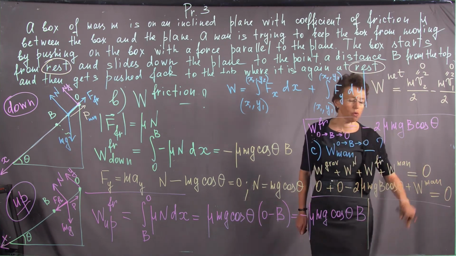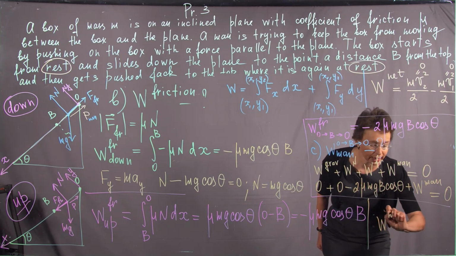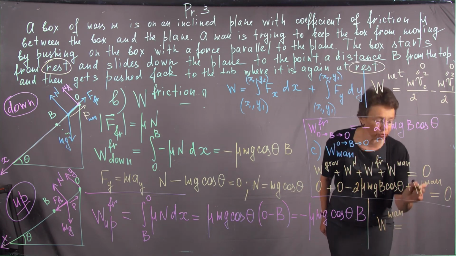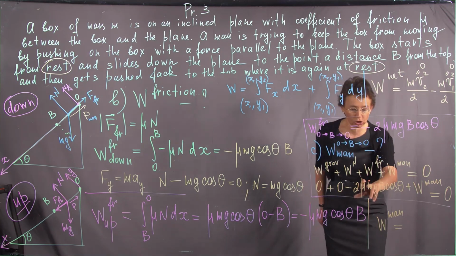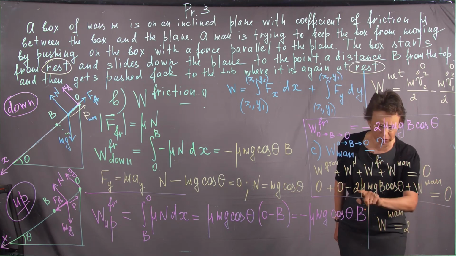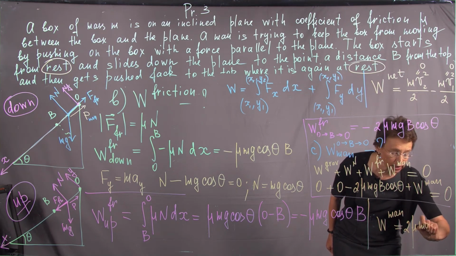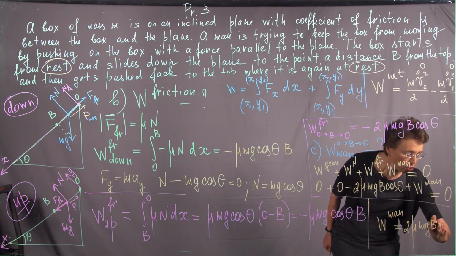Look at this, how powerful the work energy theorem is. It gives us work done by this man without even knowing how the force is changing. So it will be twice mu mg b cosine theta.